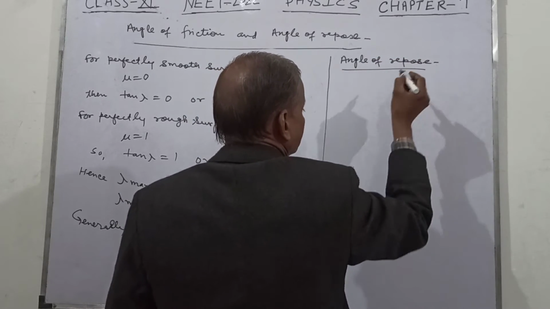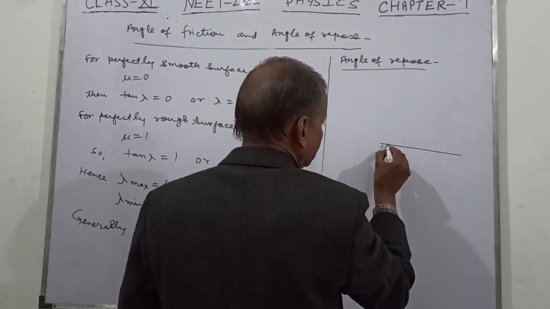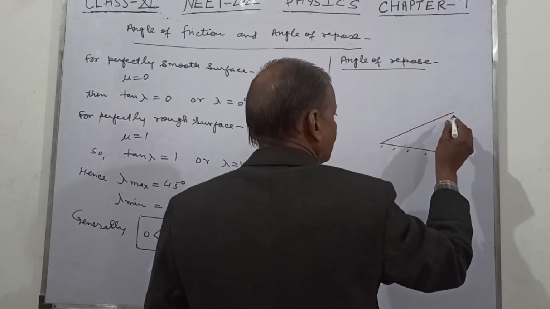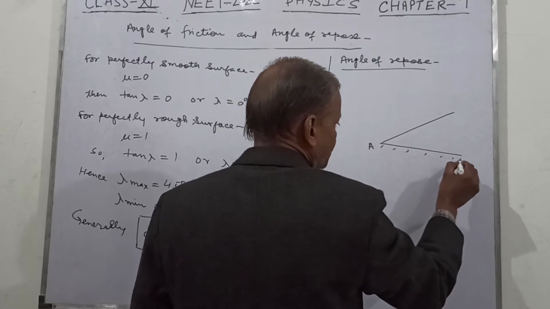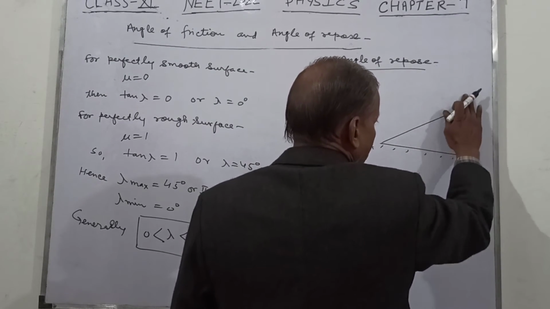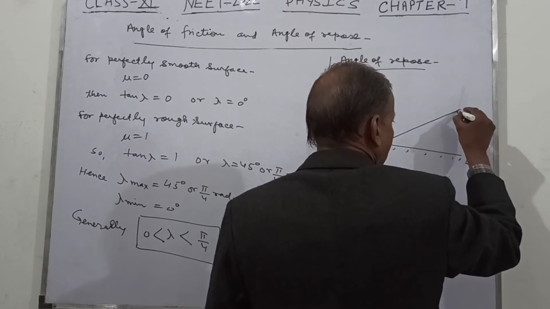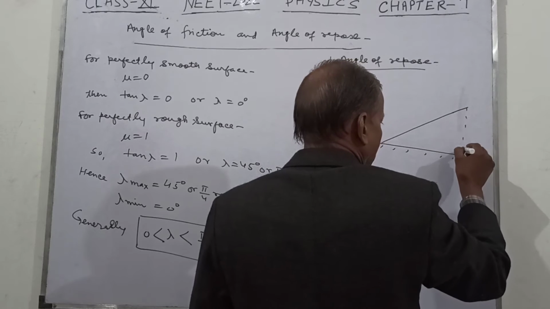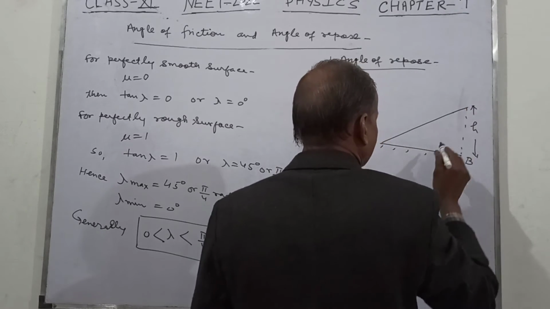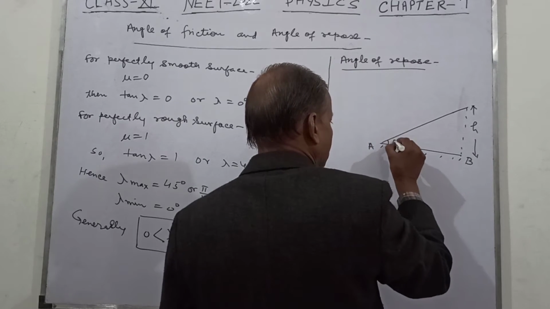Angle of repose. Now that we have this inclined plane, suppose these are A, B, and this is C. This is H, and let this be the angle theta.